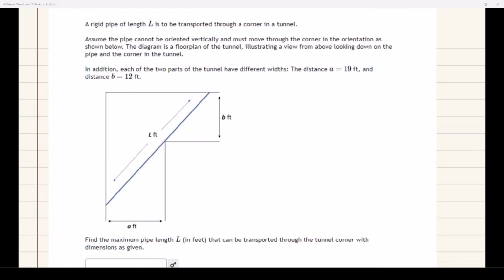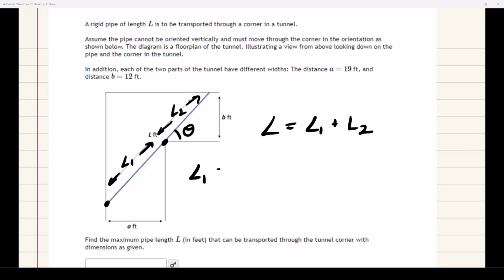Okay, so here's where we have that angle theta, and this length L, I'll break it up into two parts. Let's call this L1 from here to here, and then we'll make L2 the other part, so that the full length that I'm looking for is L1 plus L2. And now I'll develop formulas for L1 and for L2.